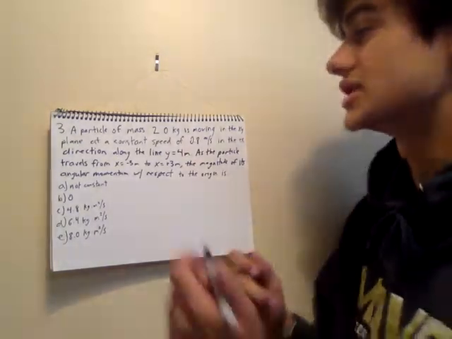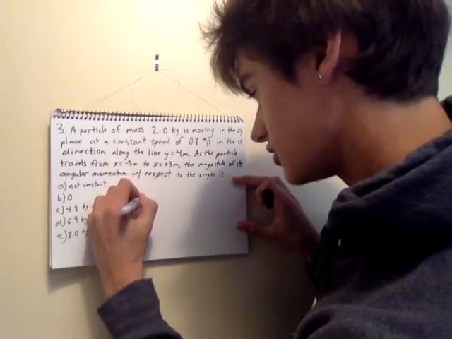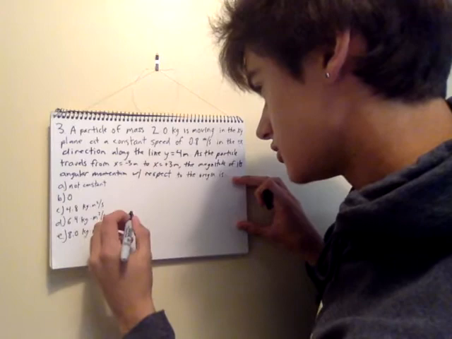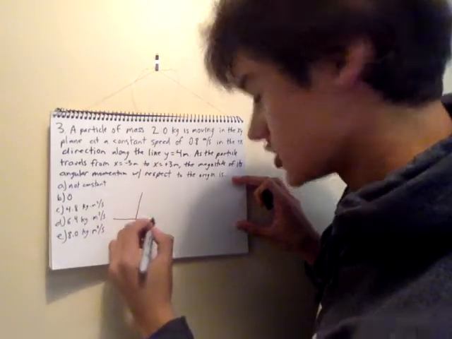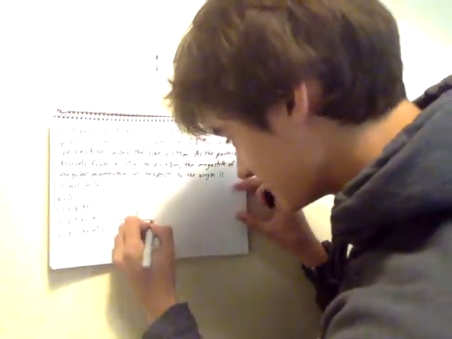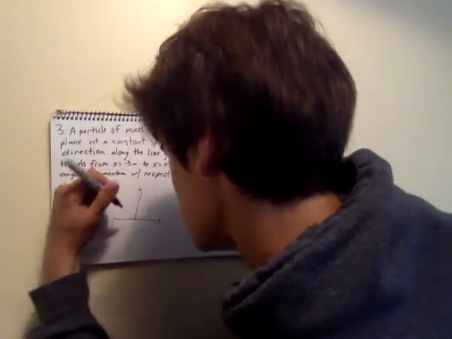For this problem, it's going to help to make a diagram of what is going on so we can actually visualize it. Excuse my terrible handwriting. So this is x, this is y.